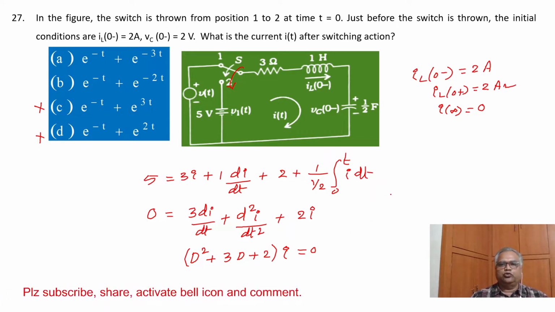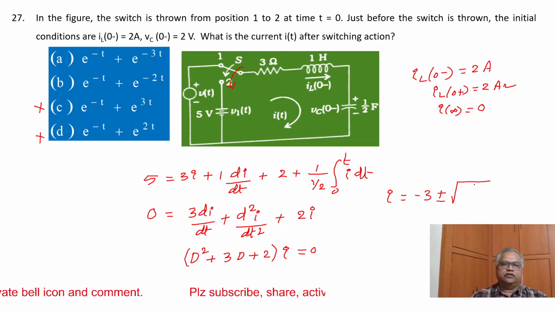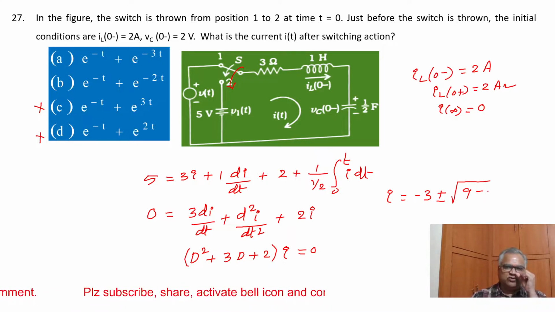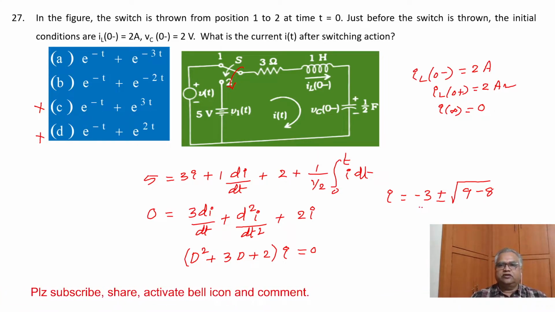So this second order equation we have to solve. It will have two roots. So minus 3 plus or minus root of 9 minus 4AC, 4 into 2, 8, by 2A. So you'll get minus 3 plus or minus 1 by 2.